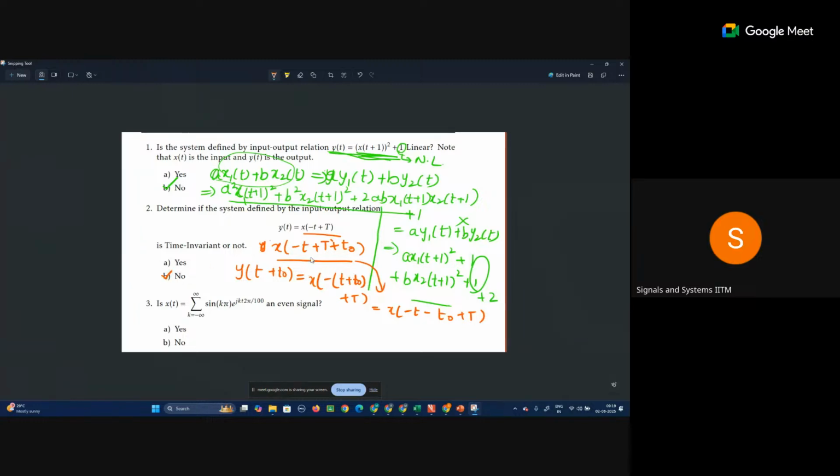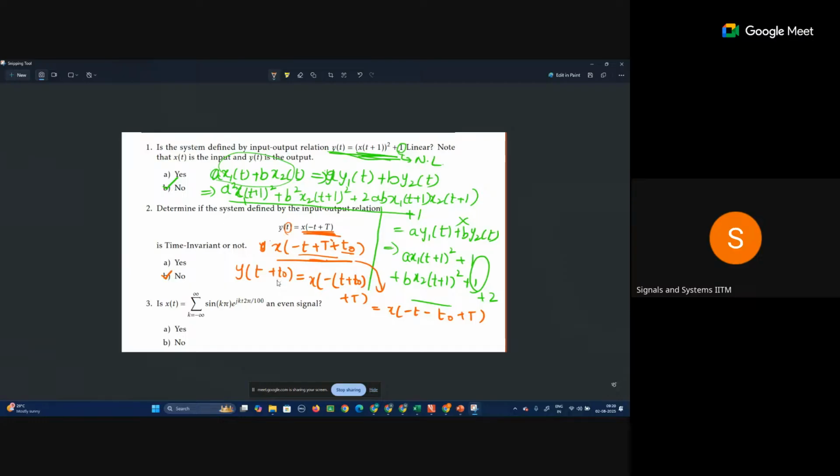First we have to shift the system input by t naught. I have shifted it, and we have to compare this by replacing t, advancing or delaying.